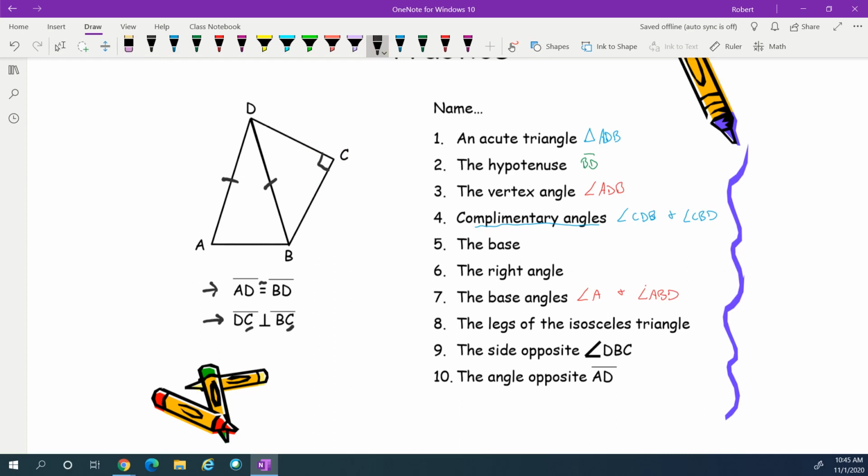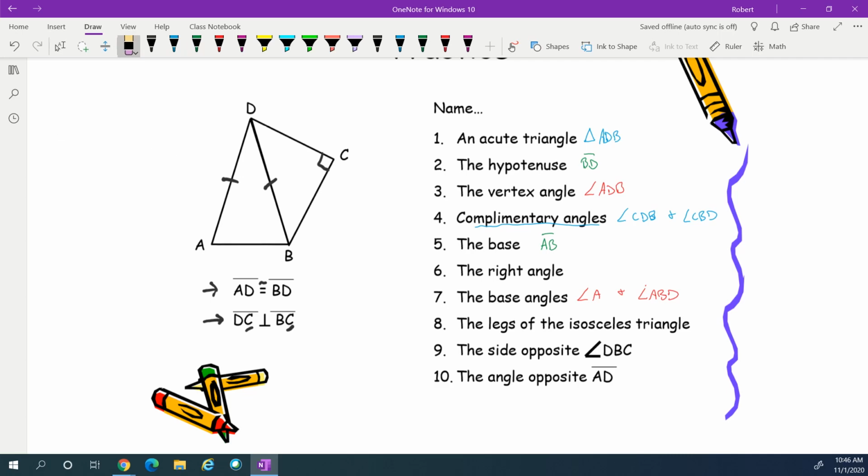The base, well, only an isosceles triangle has a side that is called the base. The legs are congruent. The last side is called the base, so it is AB. This is purely vocabulary, but it's vocabulary that we have to become very familiar with.